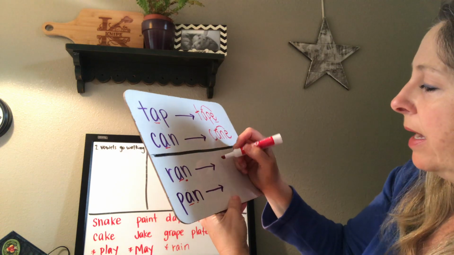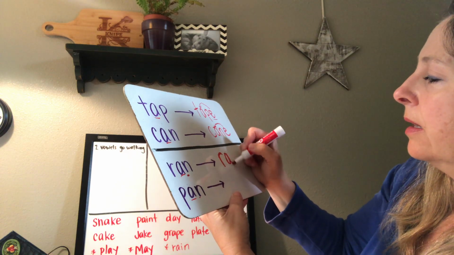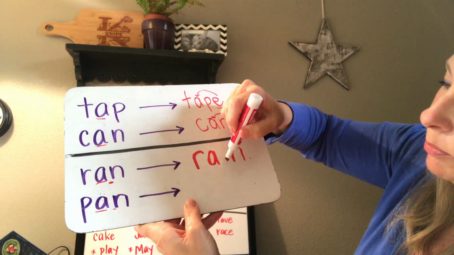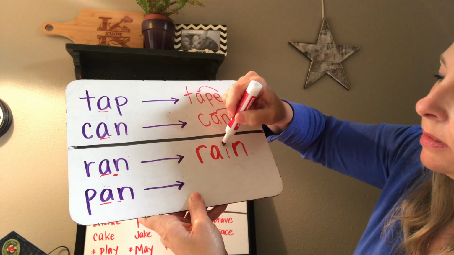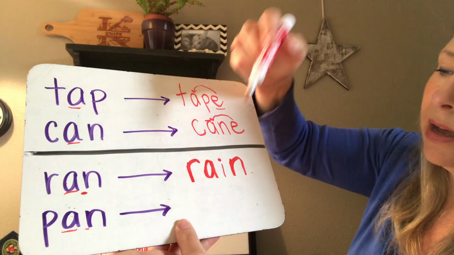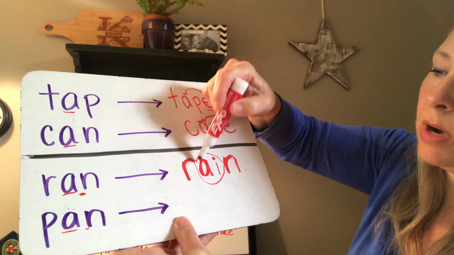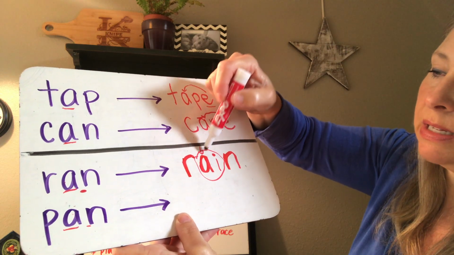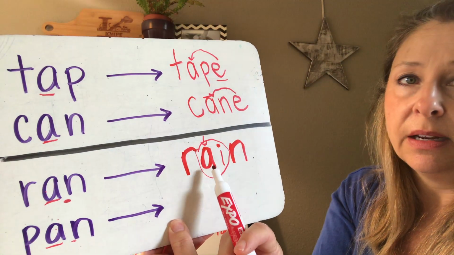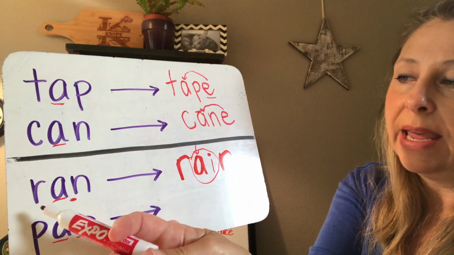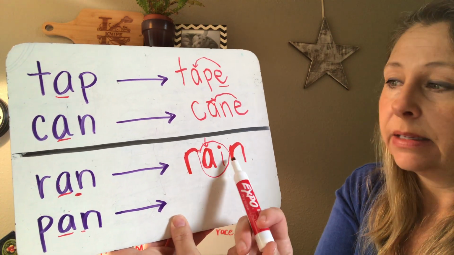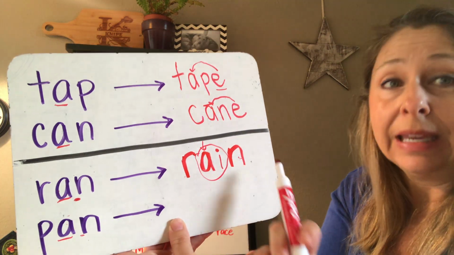So I'm going to take ran, R-A-N, but after the A, I'm going to put the vowel I. Can you guys see that? So now when two vowels go walking, the first does the talking. So you're going to hear the A say A instead of ah. And we're going to change ran to rain.